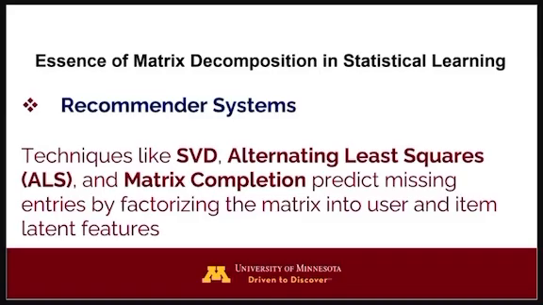Recommender system. The idea of matrix decomposition is going to be used here. There was a competition organized by Netflix where they wanted to recommend movies to their customers, and they have a matrix that is not complete.